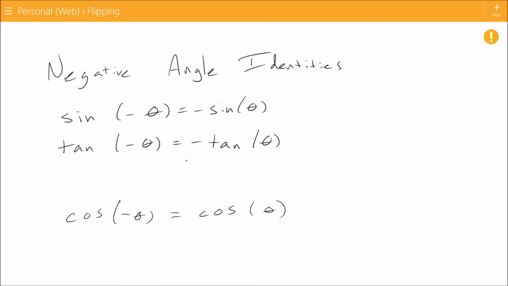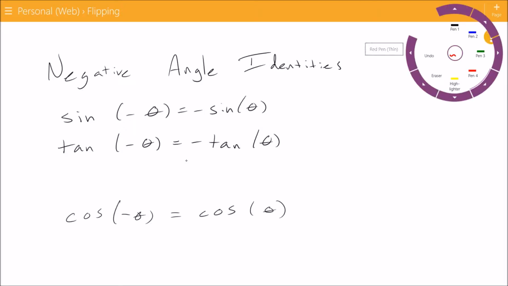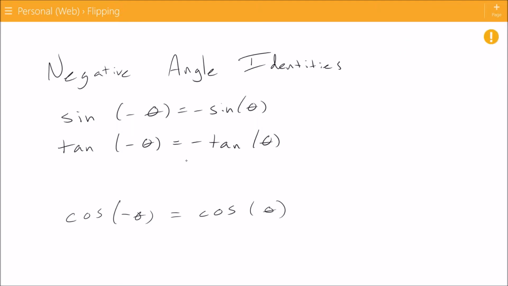This is really a question of, are these functions even or are they odd? Look at this guy here. Sine of negative theta equals negative sine of theta. It's really just a question of is this even or is this odd?